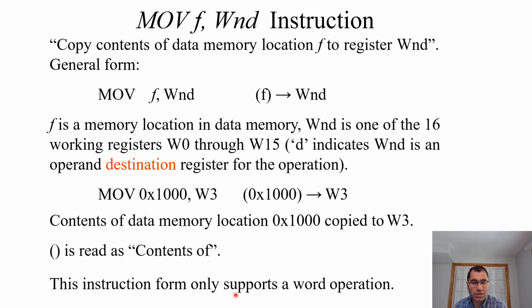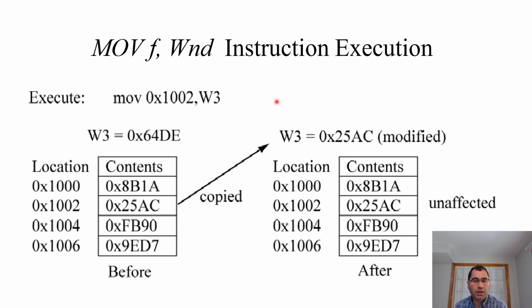And this instruction again only supports a word operation, so you cannot do a byte operation. Here's an example implementing it. This is the line of code in assembly we want to execute, and basically we are going to copy the content of this data memory location into W3. Currently in W3 we have this value, and in this memory location we have this value.